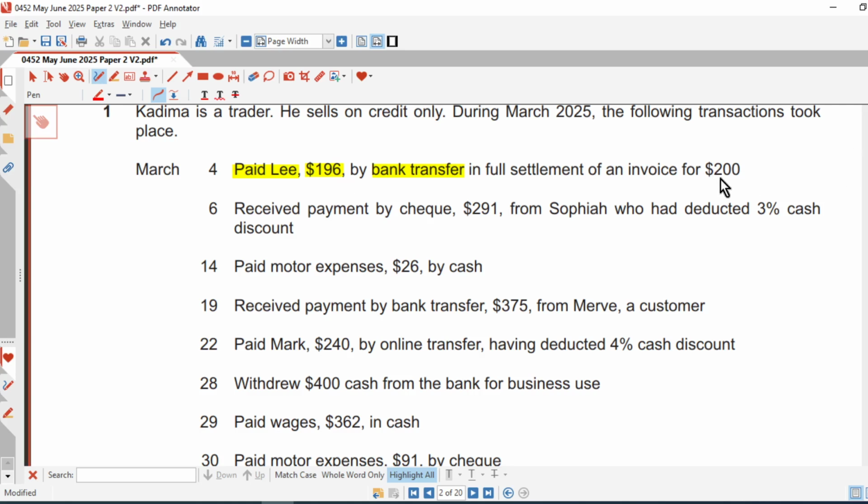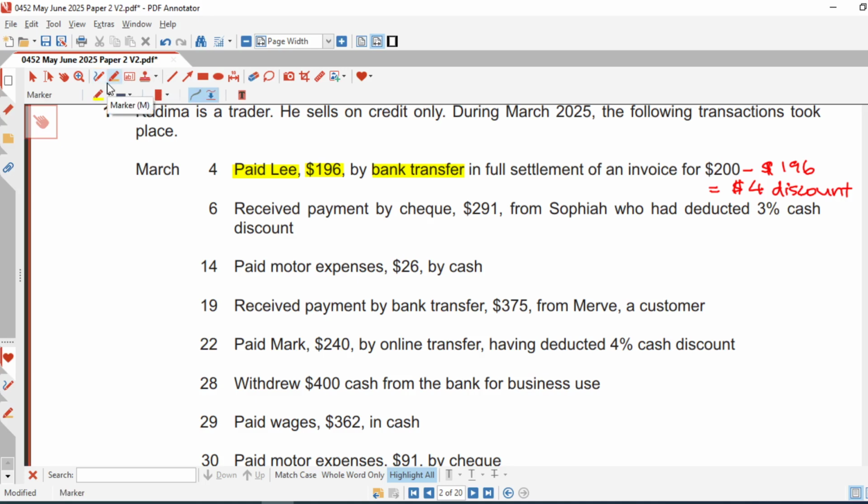This is to settle an invoice for $200. You paid $196 to settle an invoice of $200. That means there was a $4 discount. Am I right? Well, I've got to be right. Okay, so $4 discount there.